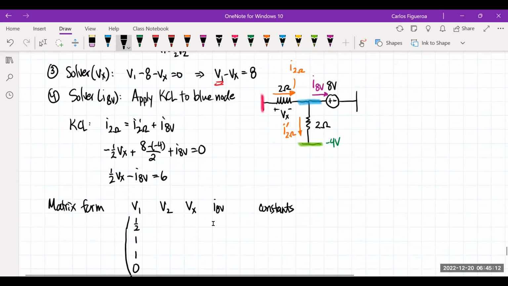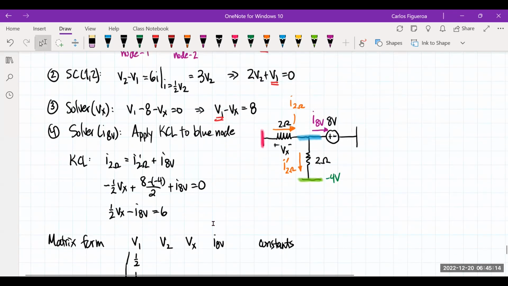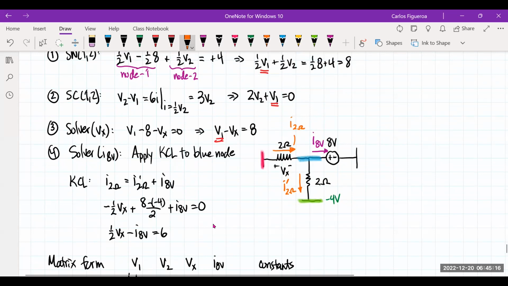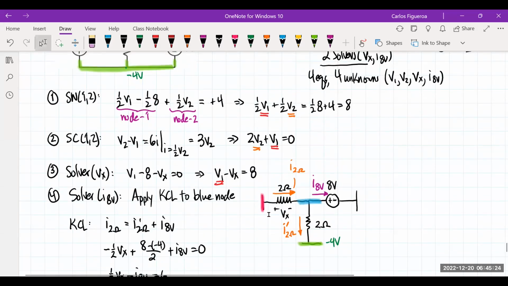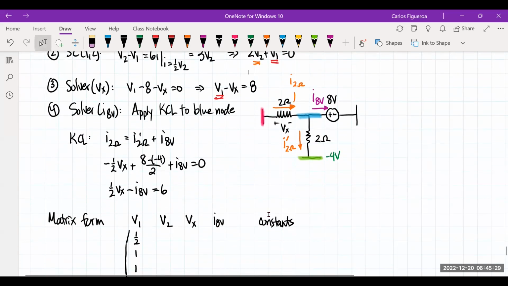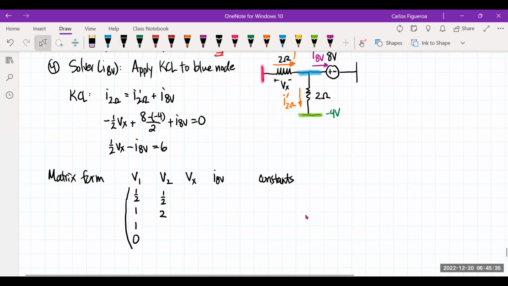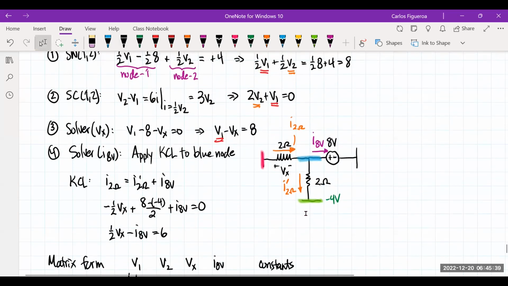Now let's go to V2. I have V2 right there, and that's it. So only the first two terms have V2. Therefore, I'm going to write 1/2, 2, 0, 0. Now I have Vx. For Vx, there's 0, 0.